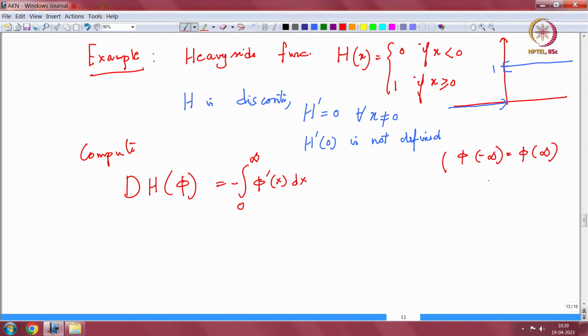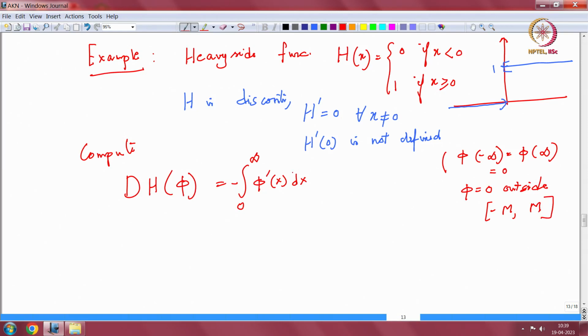But you can say that phi is equal to 0 outside a compact interval, say outside of minus m to m. That is the better way of saying it is 0.